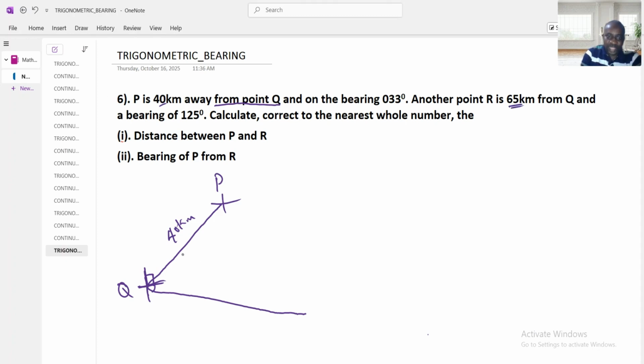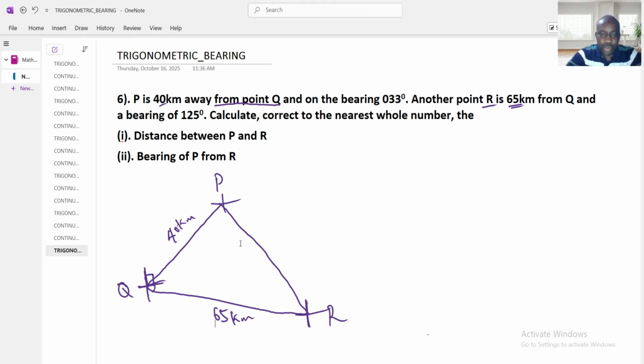There should be a visible difference between 40 and 65. This one will be 65 kilometers because it's longer, though it doesn't have to be exactly 65, just assume. Now we join P and this place, which will be R. That's what we just constructed, another point R, 65 kilometers. Now let's join it together.